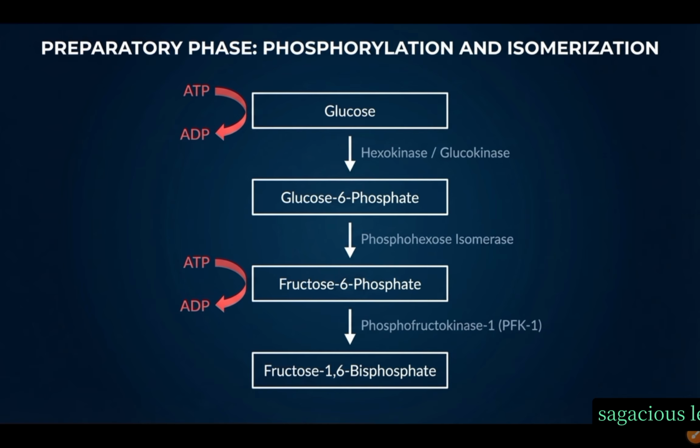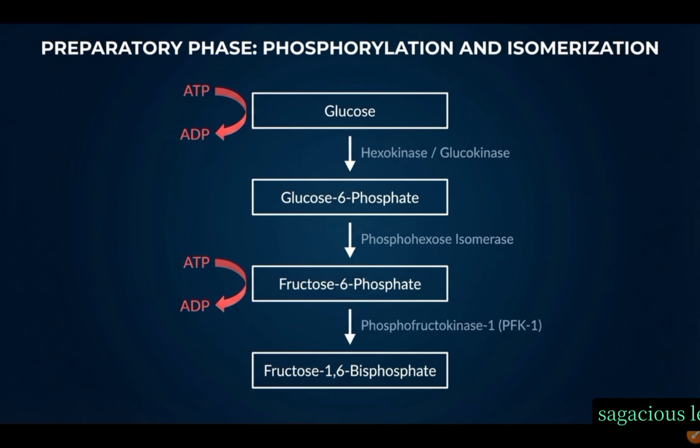That's why we convert ATP to ADP. Remember, we are converting glucose to glucose-6-phosphate because we are polarizing it to form a substrate that will go on to produce pyruvate. Our main aim is to produce pyruvate, and glycolysis is the process that converts glucose to pyruvate.